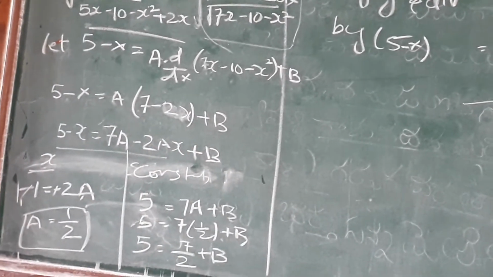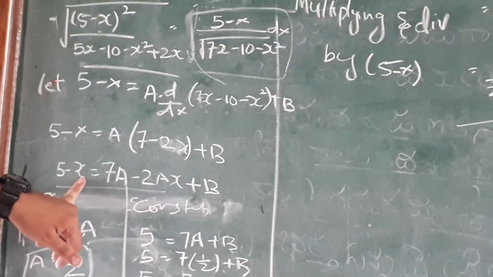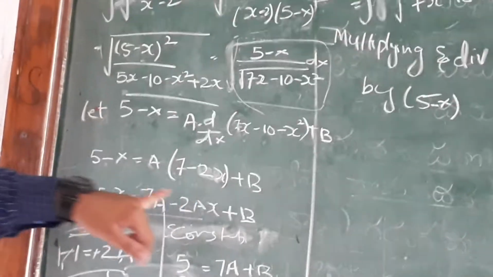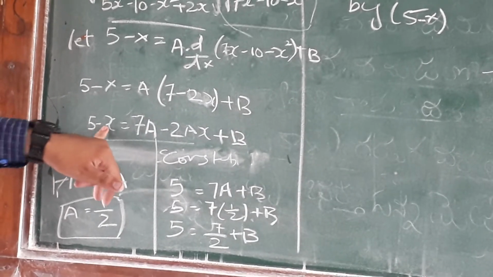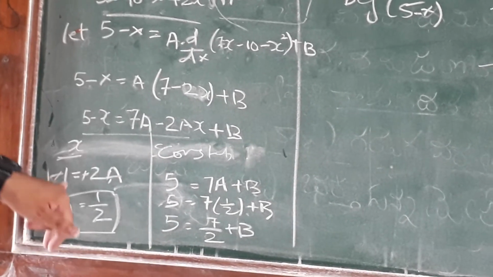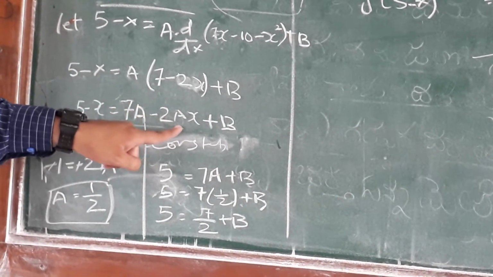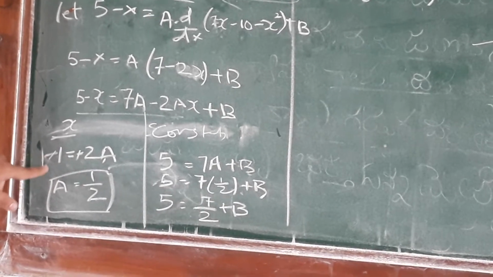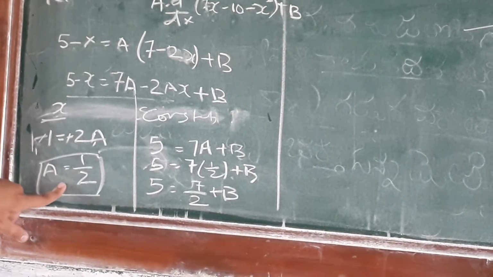Now we are equating the coefficients, the x coefficient and the constant. First of all x. What is the coefficient of x here? Minus x, so minus 1 we got here. And what is the x coefficient on the right? Minus 2ax, minus 2a we got. Minus gets cancelled, 2 goes to the RHS side, a is equal to 1 by 2.